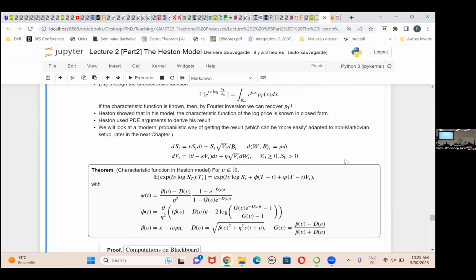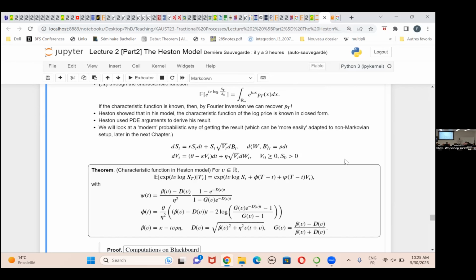a guess. Let me look for the characteristic function as some function of T minus t. You can put small t only and then show that this is actually homogeneous because the coefficients of the SDE do not depend on time. But let's just try it this way.